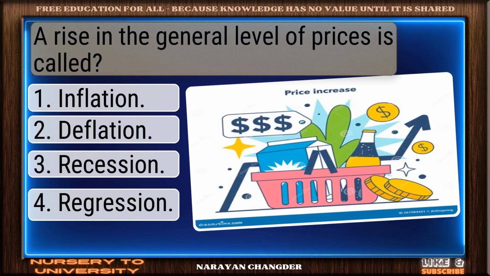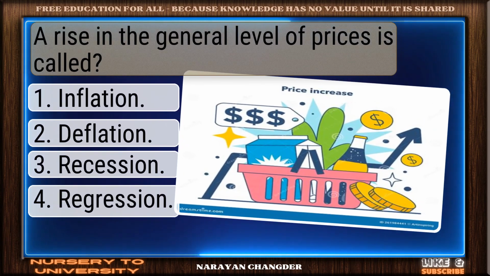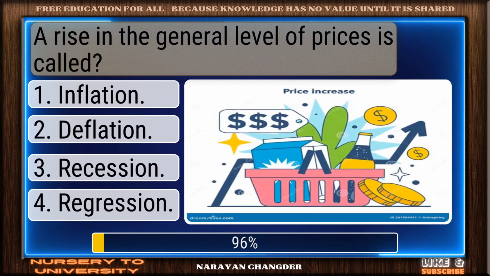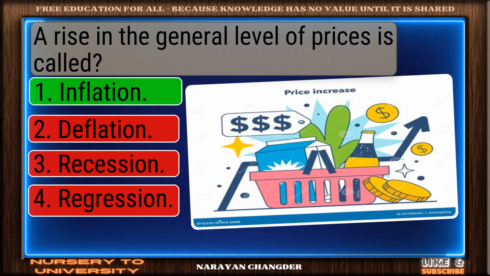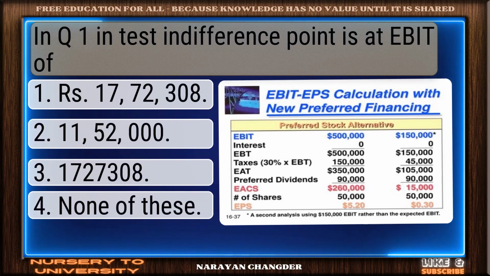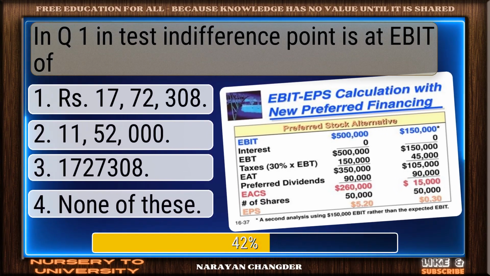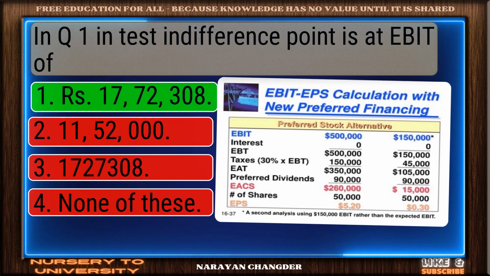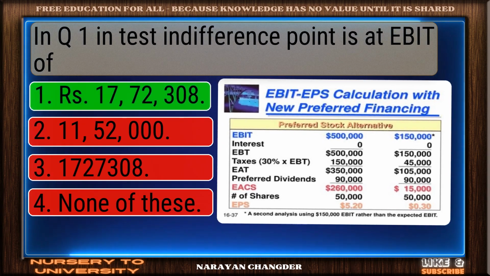A rise in the general level of prices is called. Good job. Your answer, inflation, works well here. In Q1 in test, indifference point is at EBIT of. Sharp thinking. R1772308 is the right choice.